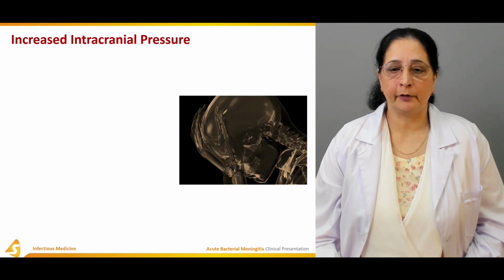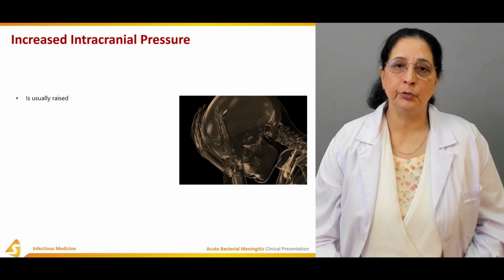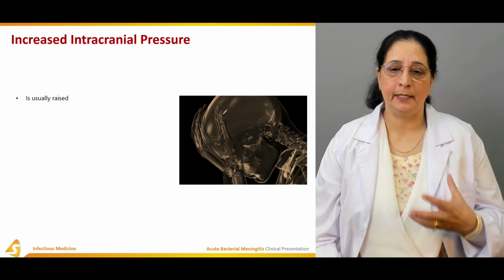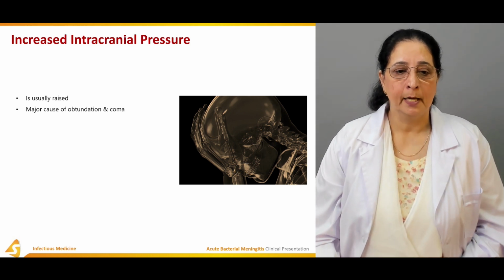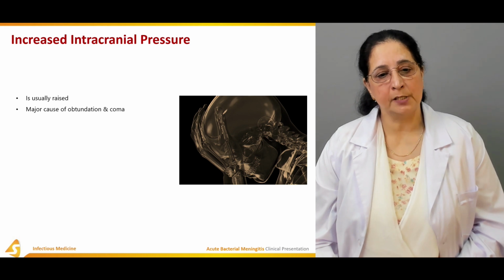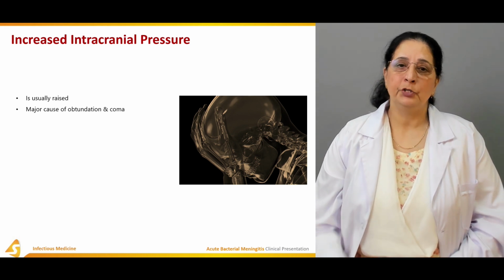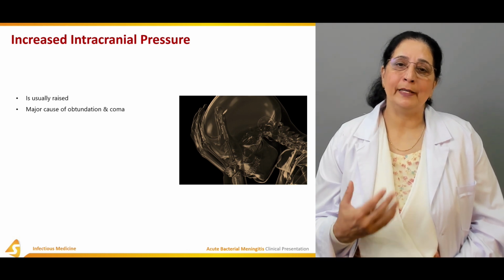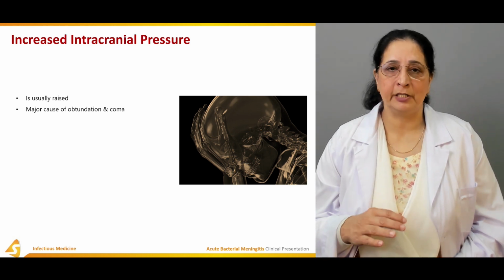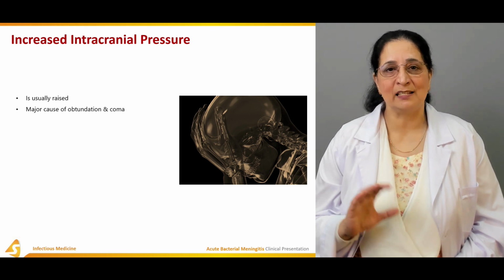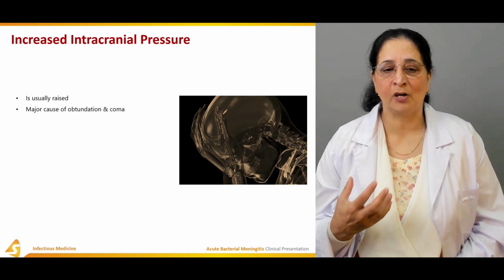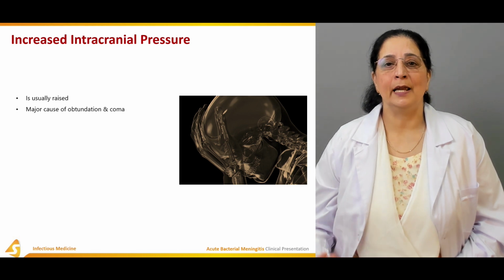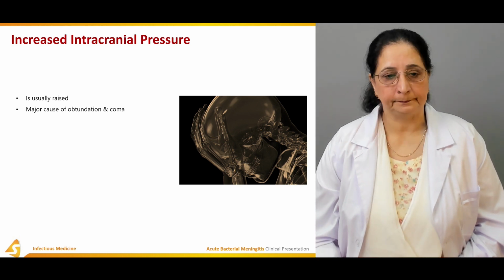Increased intracranial pressure is usually raised. The pressure in the cranium is raised, and it is a major cause of obtundation and coma. So increased intracranial pressure is the leading cause when the patient presents with decreased level of consciousness. They are not very alert, they are drowsy, and this might lead to coma.